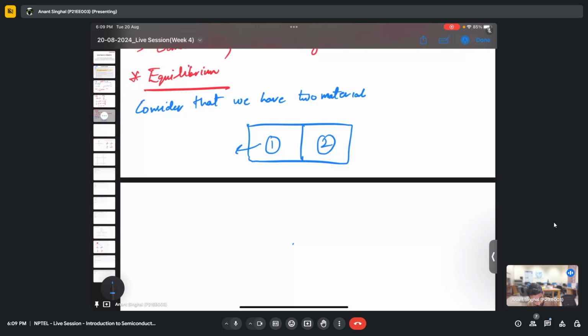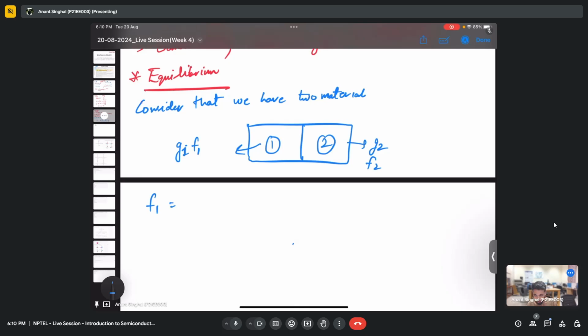We know that the concentration is given by the density of states times the Fermi-Dirac. Let's say this has G1, F1 and this has G2, the density of states, and F2, the Fermi-Dirac. Can anyone tell how we can write the Fermi function? What is the formula?